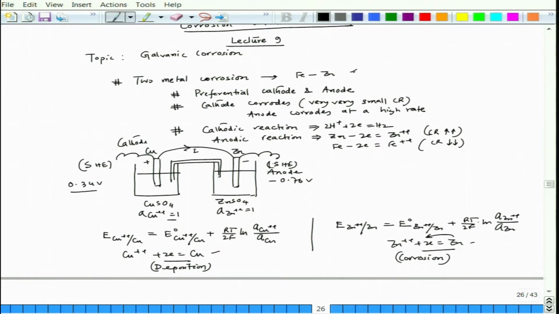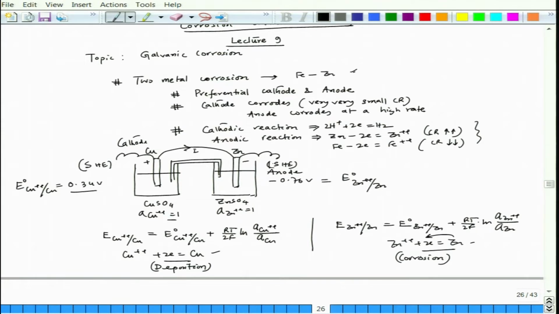Initially, to start with, it was only H plus, but still we ended up getting these reactions. So that is another important aspect, because this value is this, and this is nothing but the standard reduction potential of zinc.